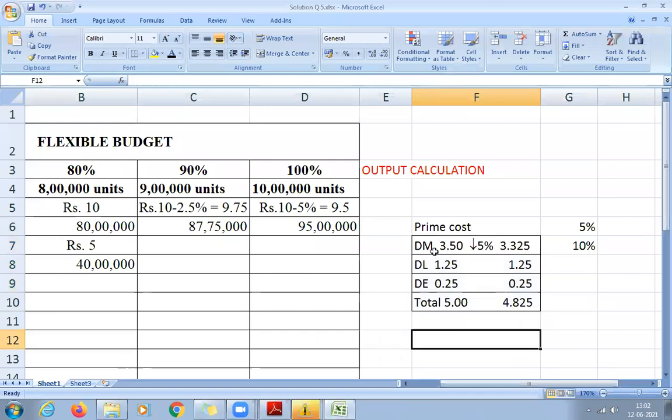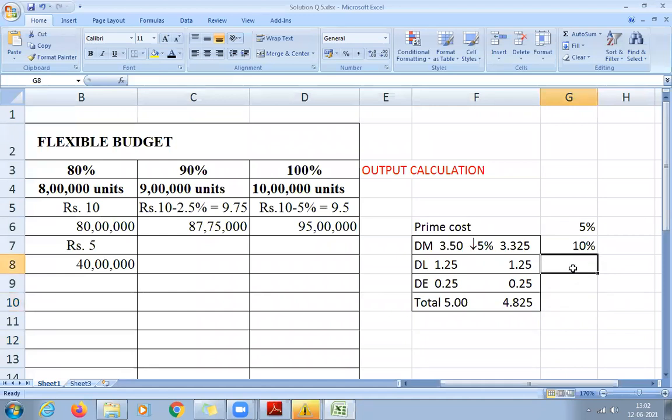Currently direct material is 3.5, direct labor is 1.25, direct expense is 0.25. When I add this, I get rupees 5. If it is 90% and 100% level of activity, this is going to reduce by 5%. Only my material cost will reduce. So calculate how much is 5% of 3.5?